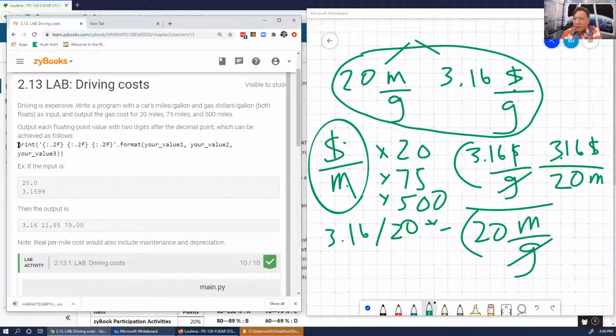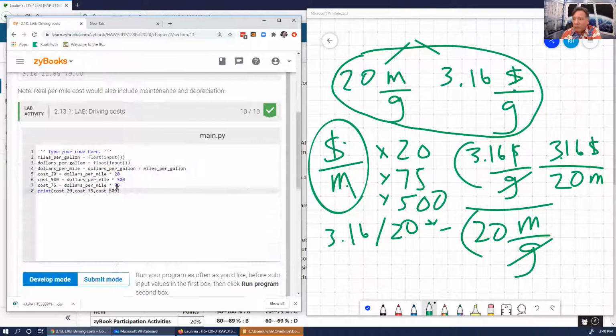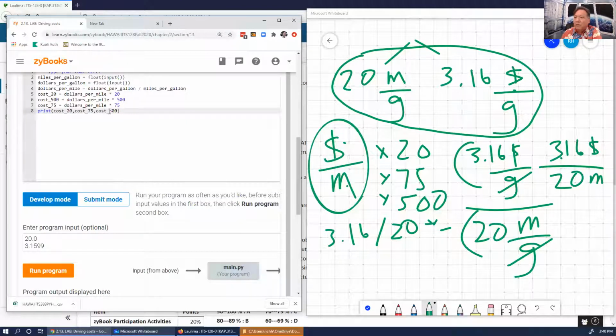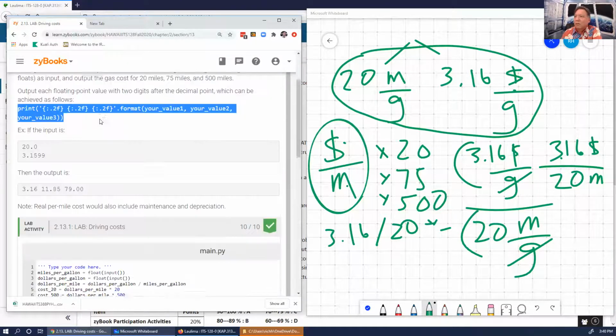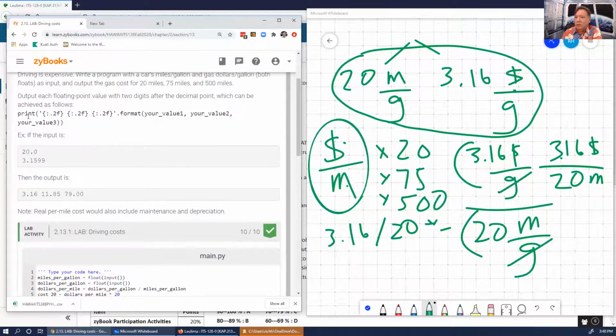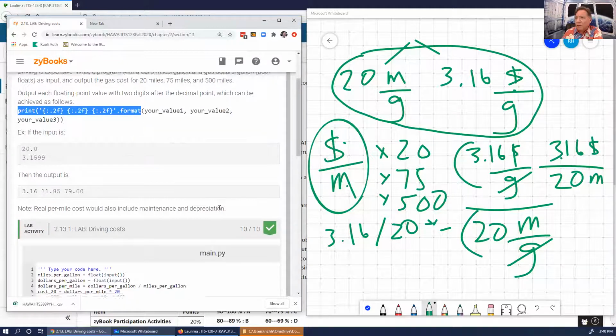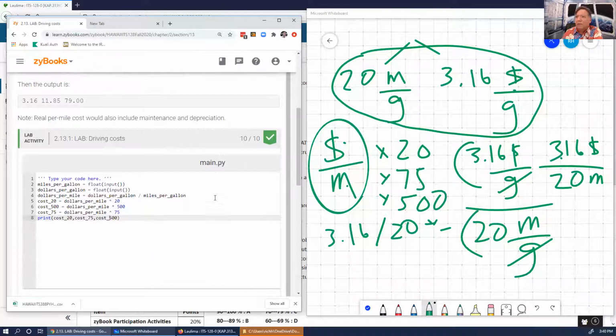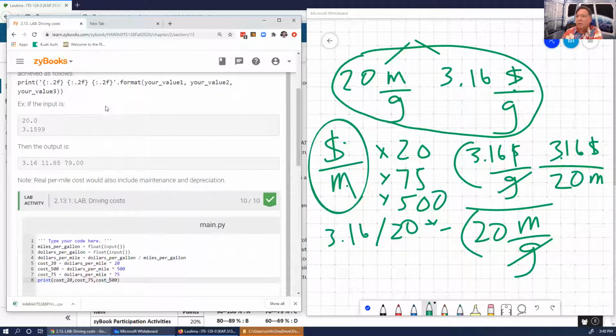Let me grab this, copy, and I'm going to do this. I'm going to grab just this, copy, and paste it. No, I'm going to be even fancier than that. I'm going to grab this.